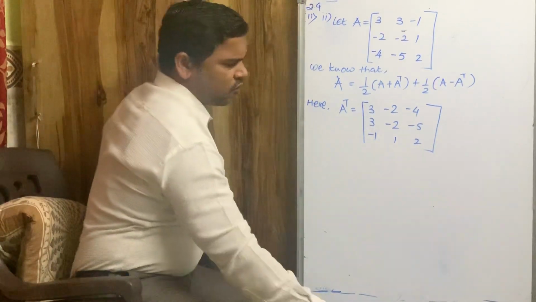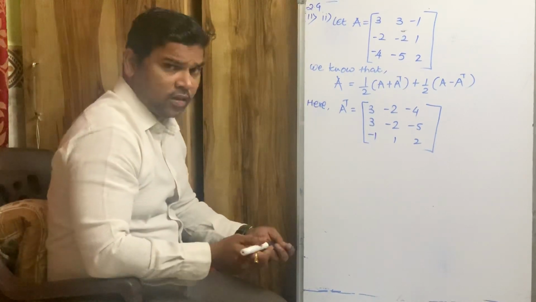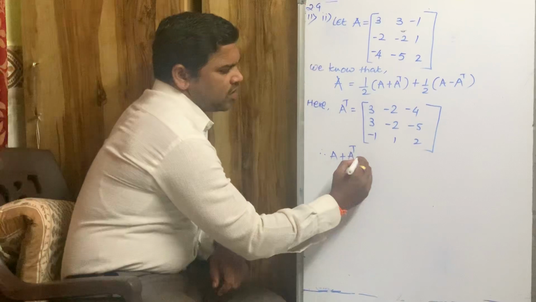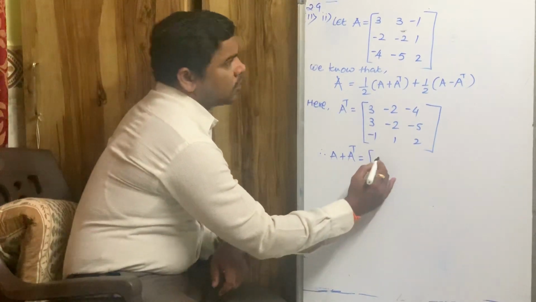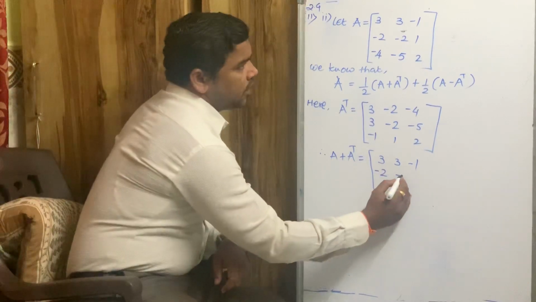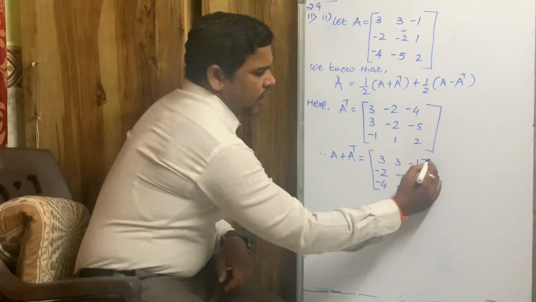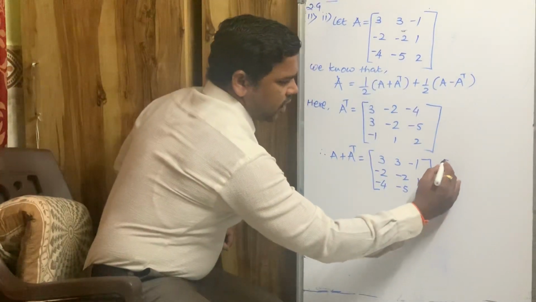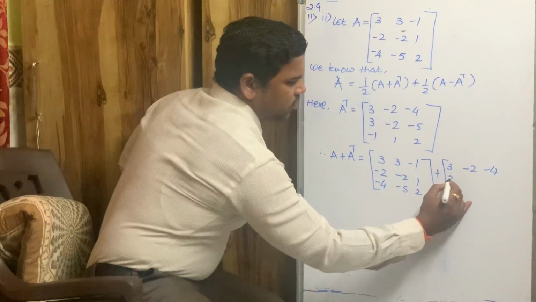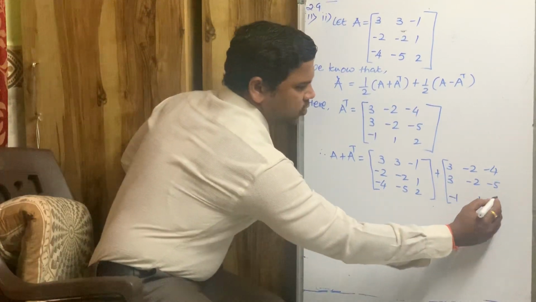After getting A transpose, what do we have to do? Simple. A plus A transpose and A minus A transpose. So A plus A transpose is equal to A, 3 3 minus 1, minus 2 1, minus 4 minus 5 2, plus A transpose, 3 minus 2 minus 4, 3 minus 2 minus 5, and minus 1 1 2.